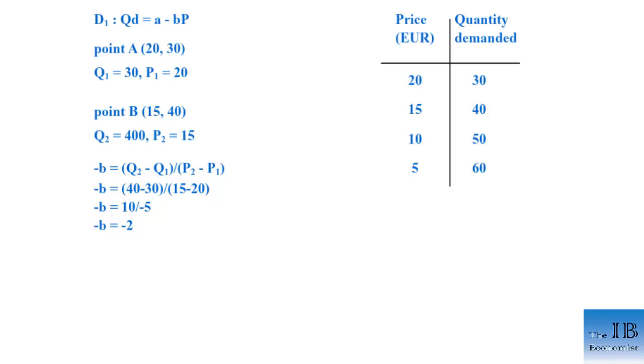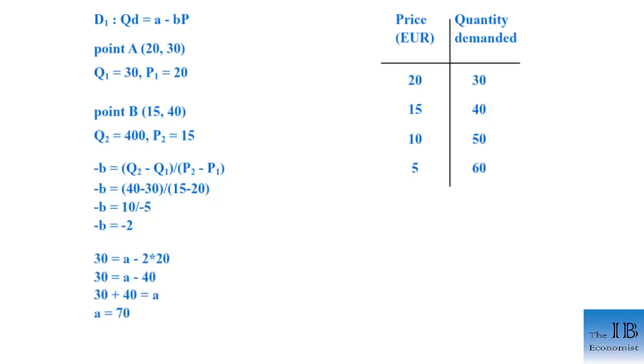So negative b would equal 40 minus 30 divided by 15 minus 20, which is equal to 10 divided by negative 5, or negative b would equal negative 2. Now that we know the value of negative b, we can plug it into our original demand equation, plug in also one of the points that we are given, and we'll be able to find the value of a.